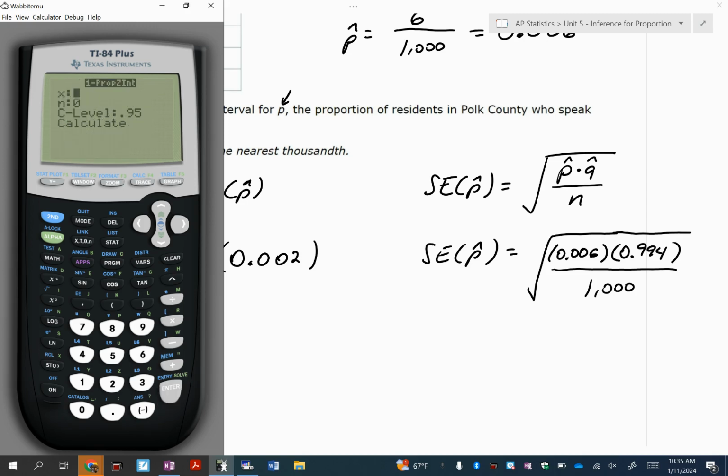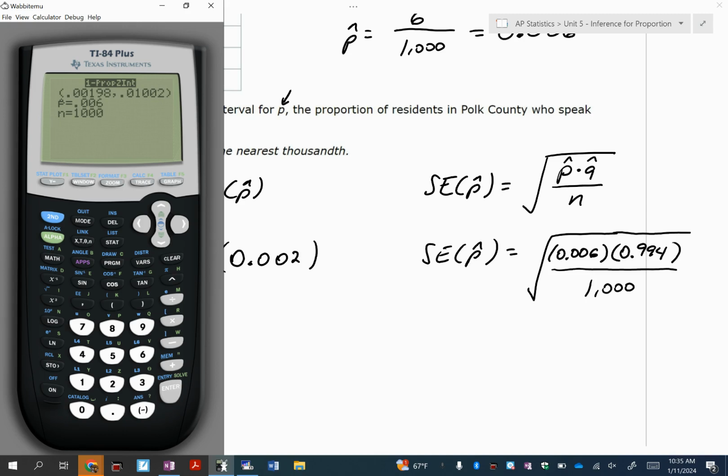All right. Hit stat, over to calc. All right. Our number of successes was 6. Our sample size, 1,000. And then this one I do have to change because it's not 95% confidence level. It says to run a 90% confidence interval, so put 0.9. When you're ready, hit calculate.